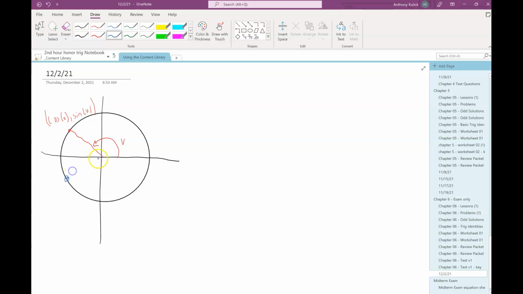Let's call that over here, call that one angle U. So the point there is cosine U, comma, sine U. And then let's say that the difference between those angles is going to be this theta.